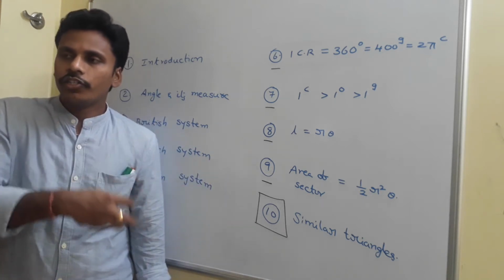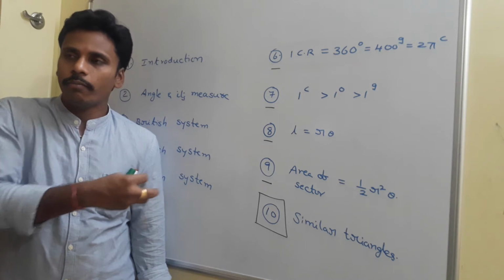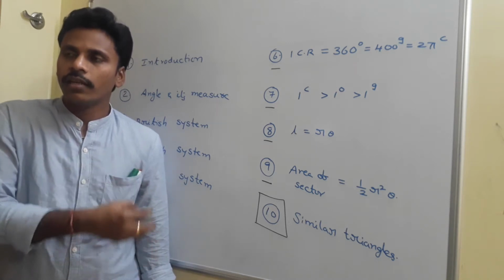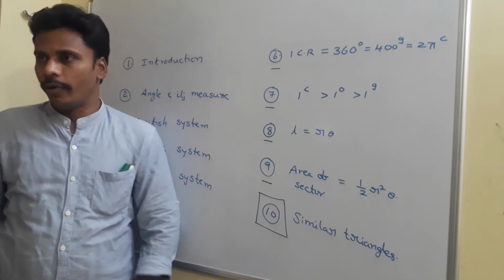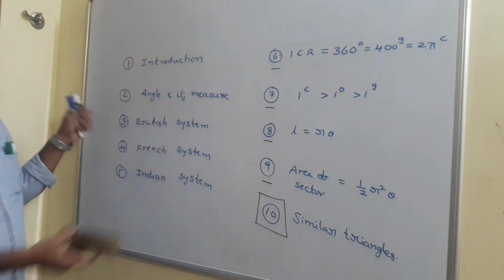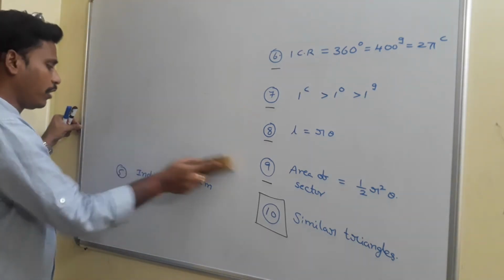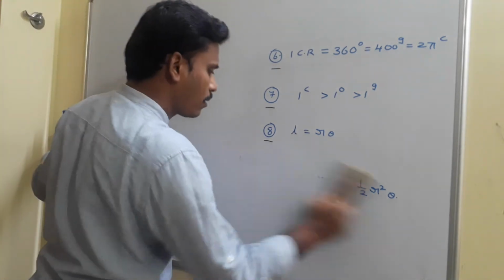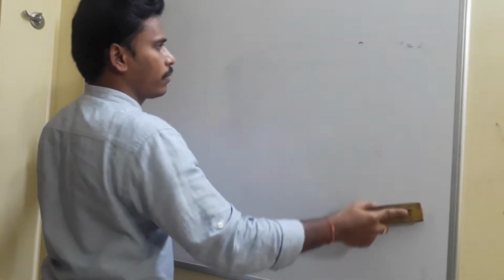Initially we are discussing all those one by one, and after these we will enter into trigonometry, right? For today's session, I will start with the concept of similar objects and similar triangles.